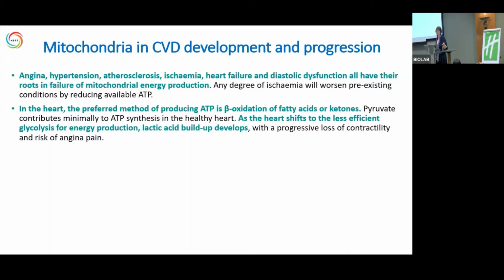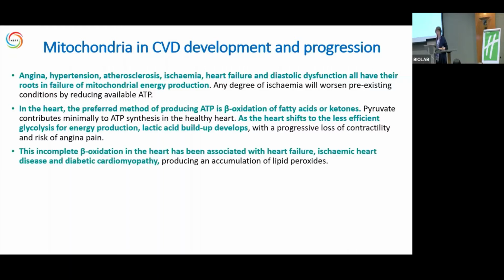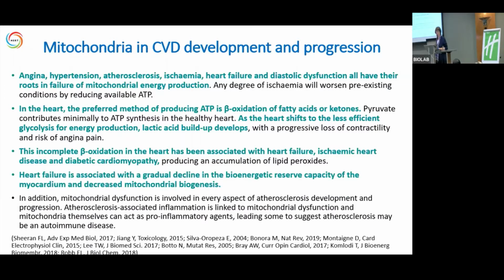So inevitably you've got lactic acid buildup, so risk of angina. Incomplete beta oxidation in the heart has been associated with heart failure, ischemic heart disease, and also diabetic cardiomyopathy. Heart failure is associated with a gradual decline in the bioenergetic reserve capacity of the myocardium and with decreased mitochondrial biogenesis. None of this is going to help.